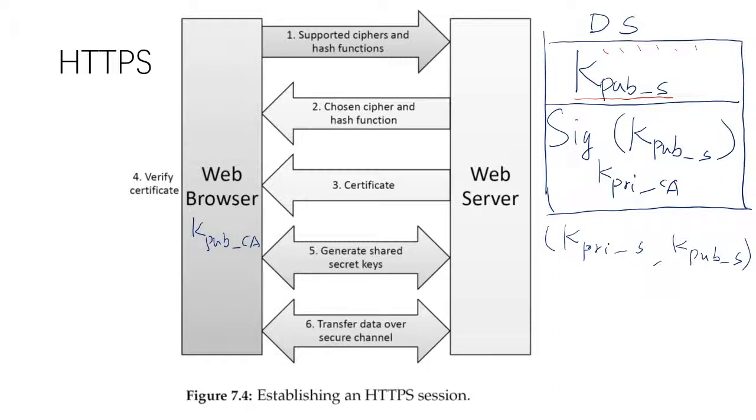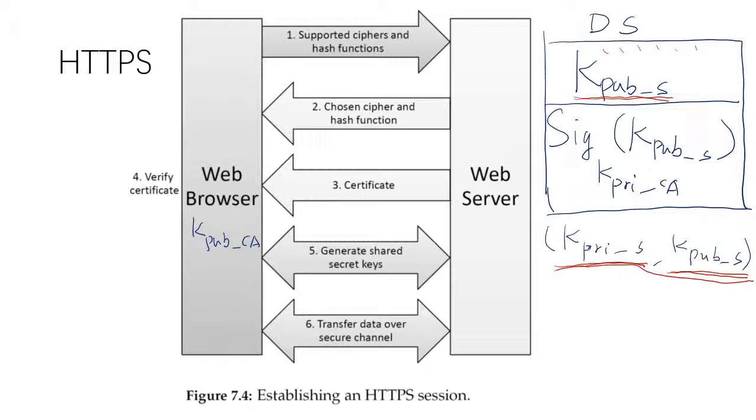Notice that before the web server obtained the digital certificate, it generated a pair of asymmetric encryption keys, including the public key KPubS and the private key KPrivateS. The digital certificate it obtained certifies the correctness of its public key KPubS. That's why KPubS appears in the digital certificate. And KPrivateS is a private key that is only known by the web server.